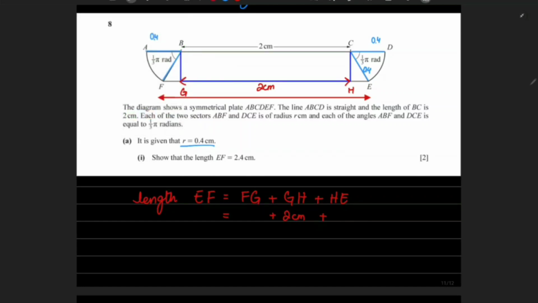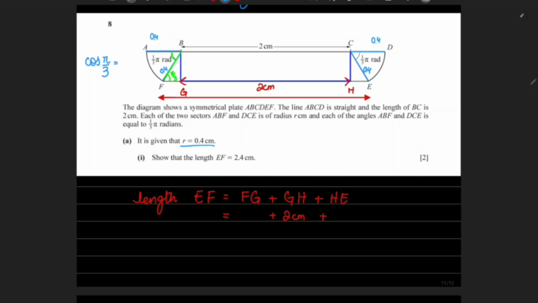So we know this hypotenuse, and we also know this angle. If this is pi/3, then this also must be pi/3. This height is 0.4, which is the radius. If we compare this side with the hypotenuse, this is the adjacent, so they are related by cos of pi/3.